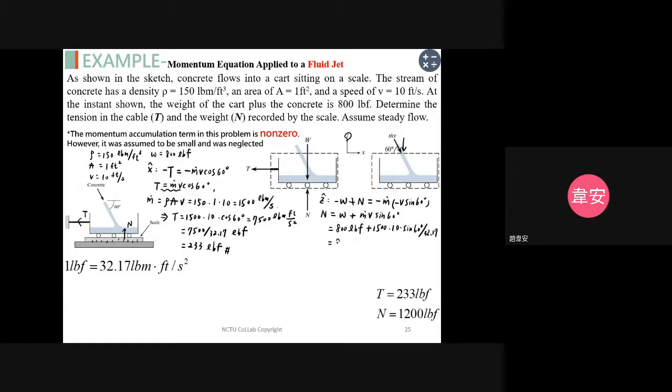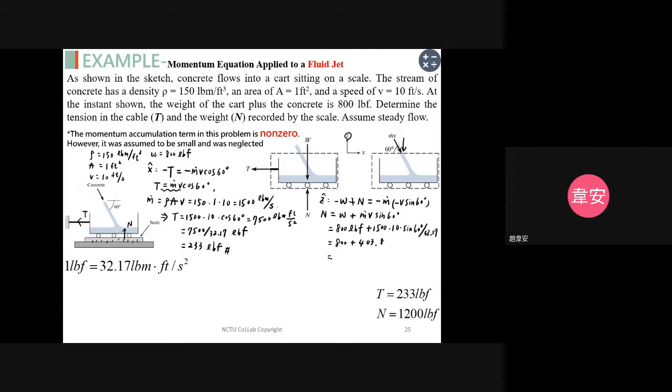So this is 800 pound force plus 1500 multiplied by 10 multiplied by sine 60 degrees, divided by 32.17, which is around 403.8.